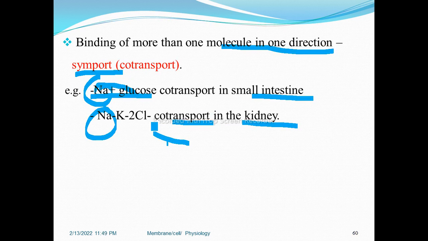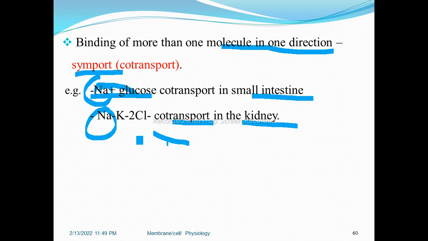Carrier proteins are referred to as uniport carriers, antiport carriers, and symport carriers. Uniport carriers carry a single substance in one direction. Antiport carriers carry two substances in opposite directions, facilitating exchange of substances.